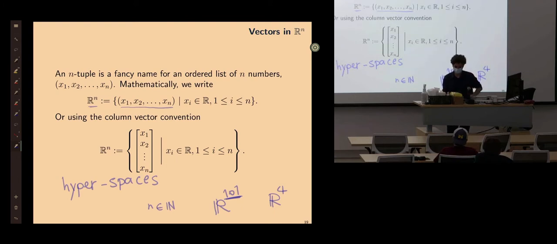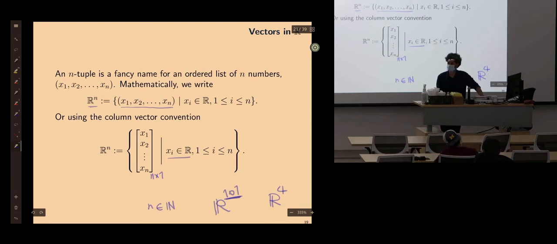Or equivalently, using our column vector convention, you can say it's the set of all n by 1 column vectors such that each of the entries of the vector are real numbers. And that's basically the n-dimensional space of real numbers.